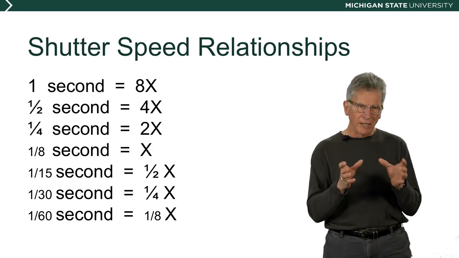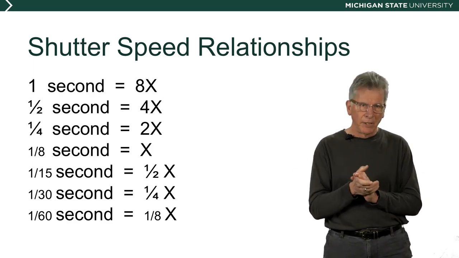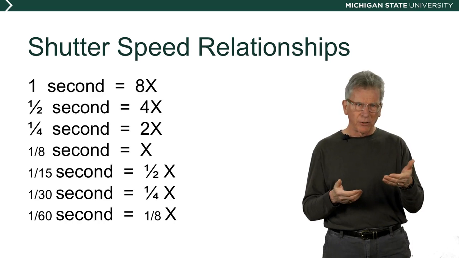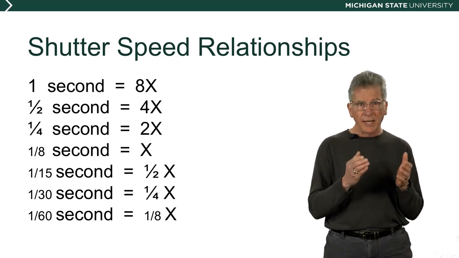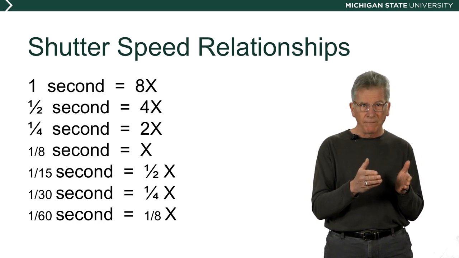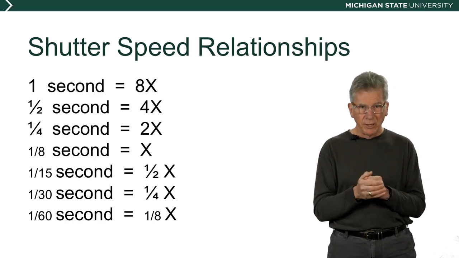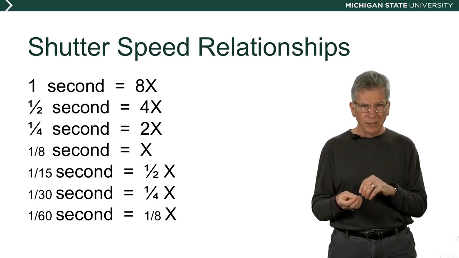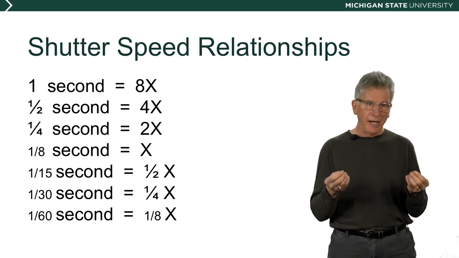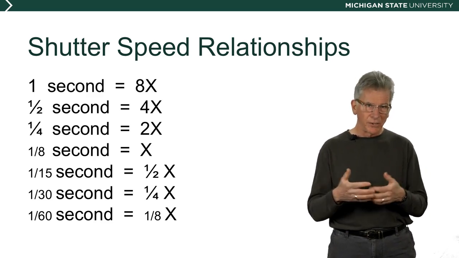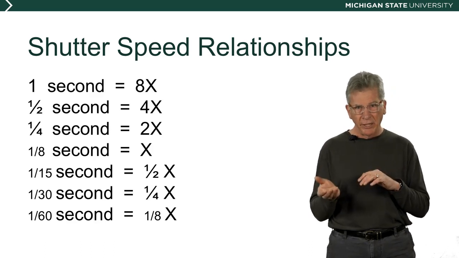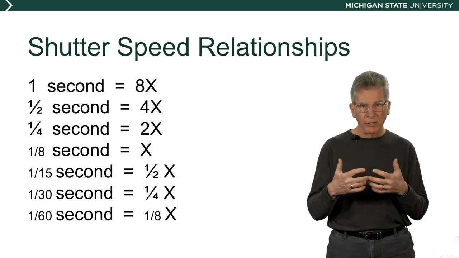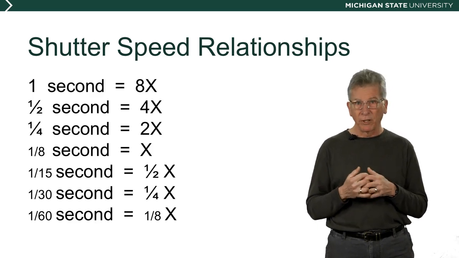So we've got 1/8 of a second as our x. If we move to the next shutter speed longer, we go to 1/4 second, and that lets in twice the amount of light. If we go the other direction to 1/15 of a second, it lets in half the amount of light to hit the sensor, and so forth. And this relationship of doubling and halving is really important for us in figuring out the correct exposure.